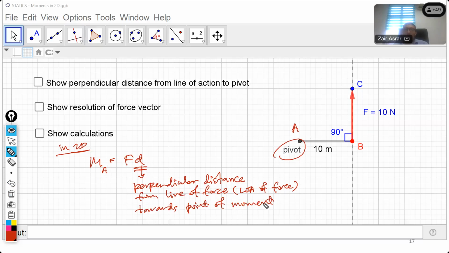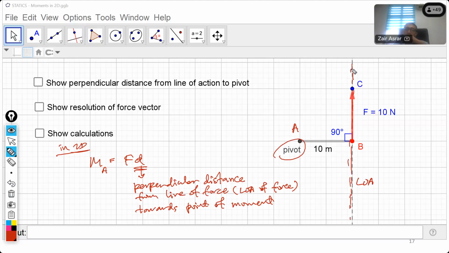So D is basically the perpendicular distance from where? From the line of force. The force is acting along a certain line, and this perpendicular distance is from this line towards the point of moment. For this particular example, this is our line of force, or line of action, for this force. So the force is acting along this line.